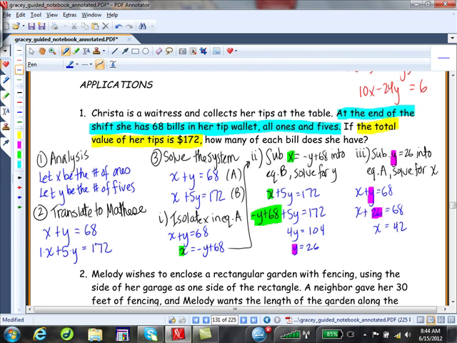And let's put our conclusion in words. So fourth step, conclusion. Now, do you see in this case, we're answering a question, so we don't want to put it down as an ordered pair. We want to write out in words the answer.